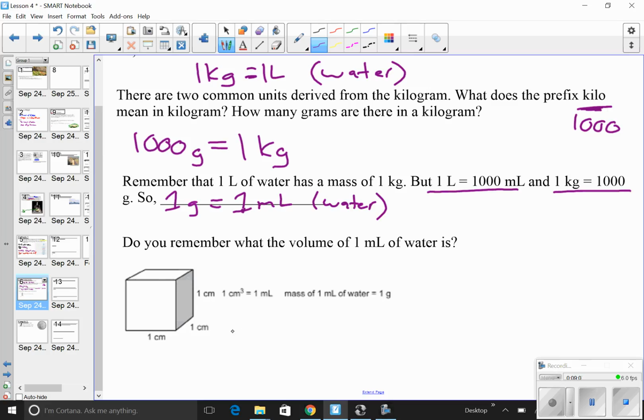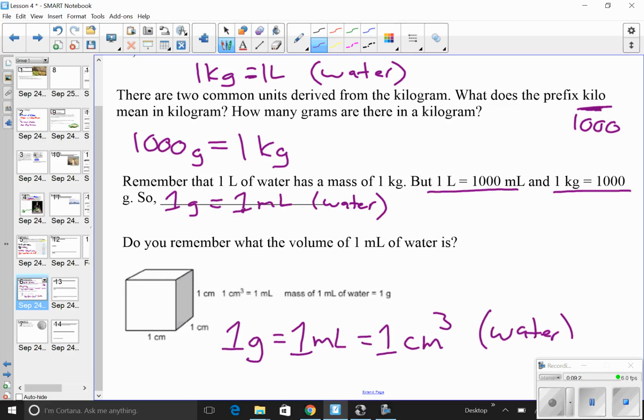So 1 gram, which is mass, is the same thing as 1 milliliter of water, which is the same thing as 1 centimeter cubed of water. Which is really cool, because now we can relate these different units.